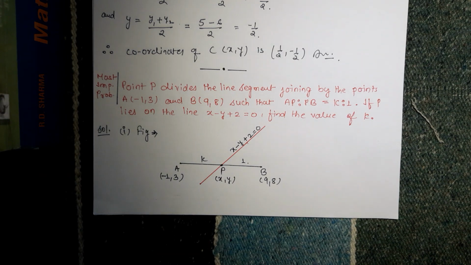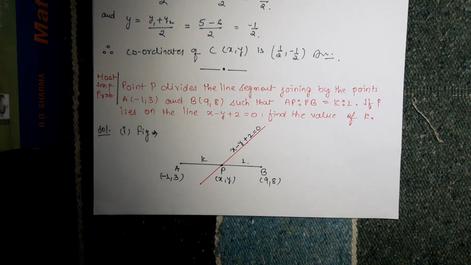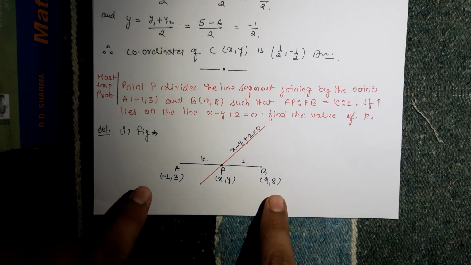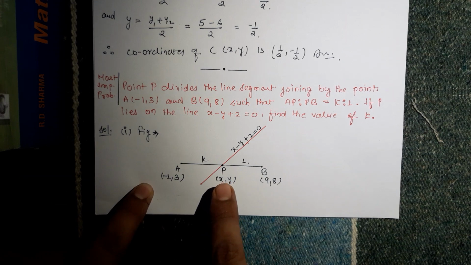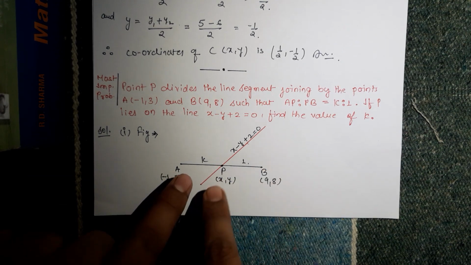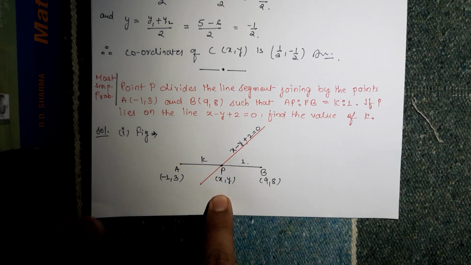It is very easy. Now moving on to the most important problem of this segment. In this question, two coordinates of a line will be given to us. Fine. And we will be given a point P which is dividing this line segment in the ratio k to 1, and the coordinate of P will not be given to us.